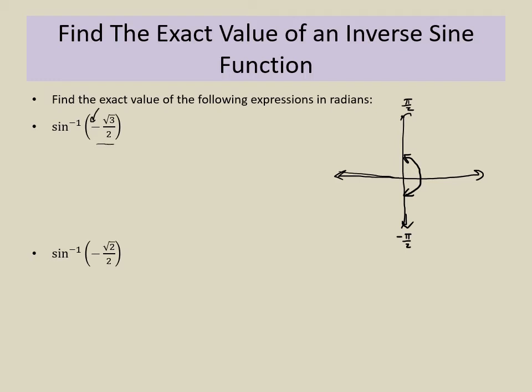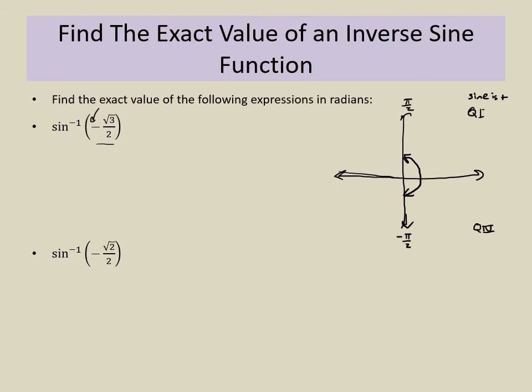Well, first of all, which quadrant is this going to be in? The inverse sine is only defined in two quadrants, quadrant 1 and quadrant 4. Now, in which one of these quadrants will the sine be negative? Well, we know that everything is positive in quadrant 1, so sine is positive in quadrant 1.